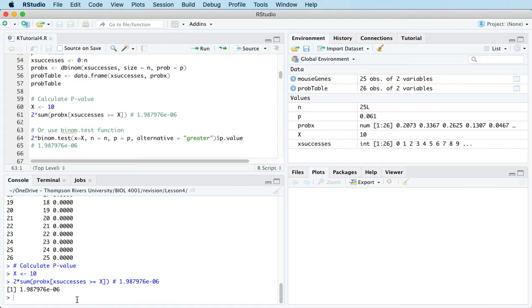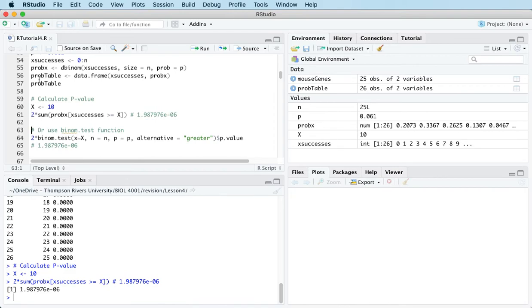So in this case, we're getting a p-value smaller than our significance level, so we reject the null in favor of the alternative. So there's sufficient evidence at a significance level 0.05 that the population proportion p is not equal to 0.061 for these mouse genes.